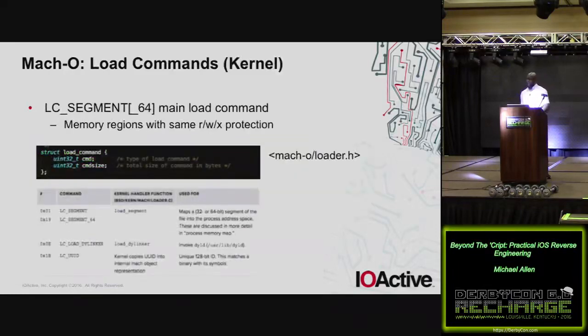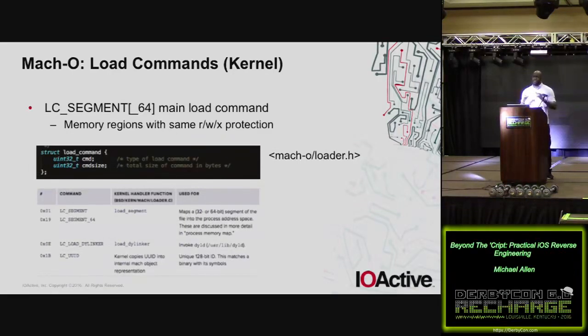Now, the binary is going to have a number of instructions. And these instructions essentially determine how the binary gets mapped into memory, right? Some of these instructions are going to be processed by the kernel, and some are going to be processed by the dynamic linker, right? We refer to these instructions as load commands.